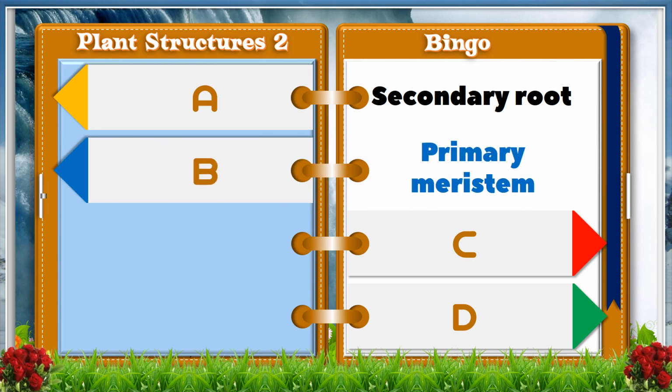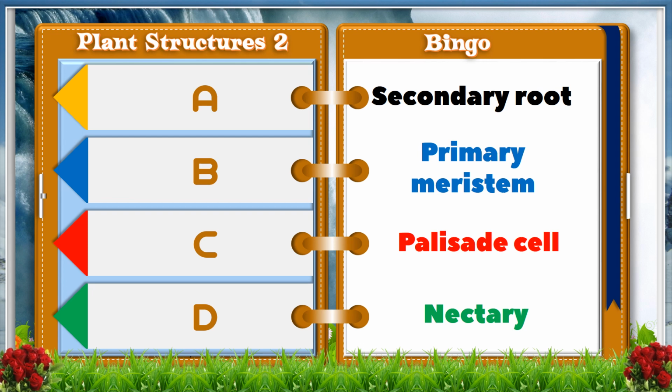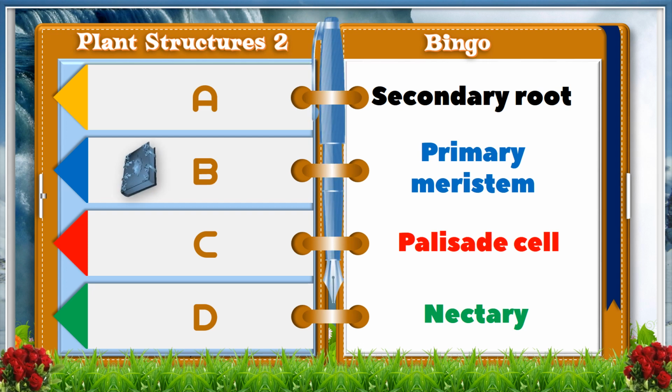B, primary meristem. C, palisade cells. D, nectary. And the answer is B, primary meristem.